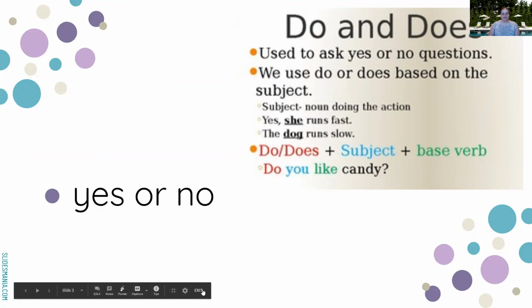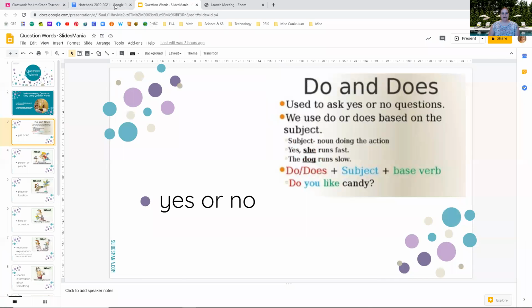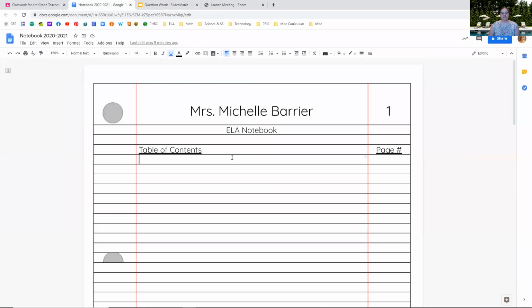All right. So let's go ahead and open our English Language Arts notebook. This is the notebook that we set up last time we were together. And so you have your name on your first page, you have your title, and you have your table of contents. So under the table of contents, we're going to go ahead and write question words.